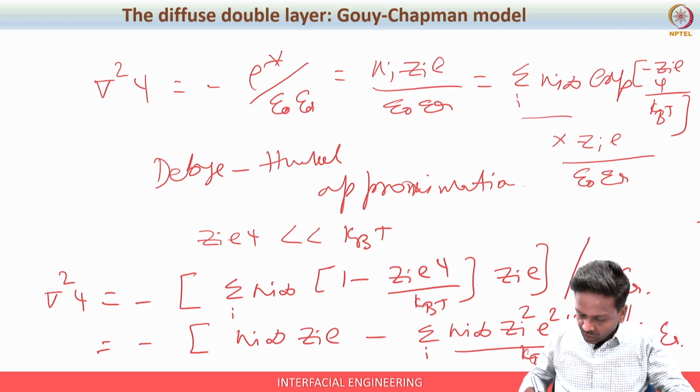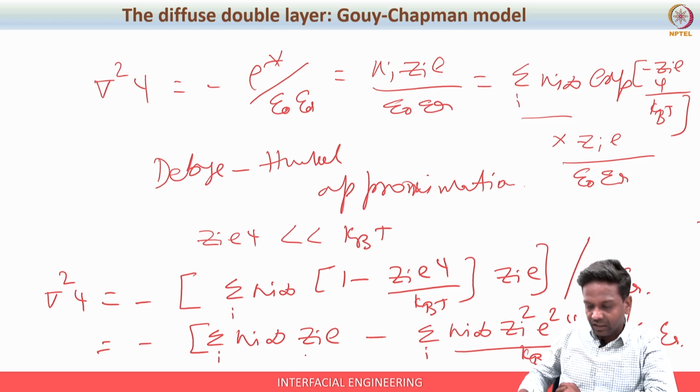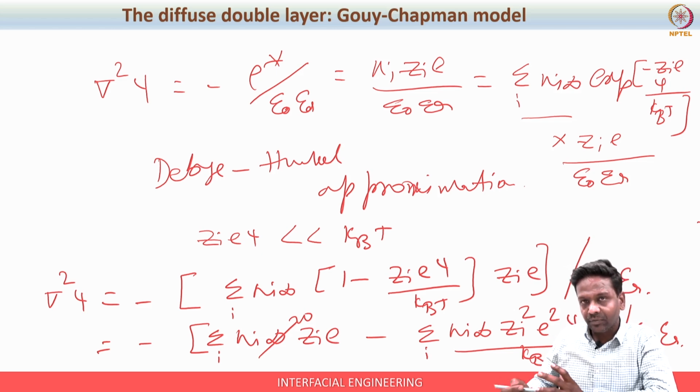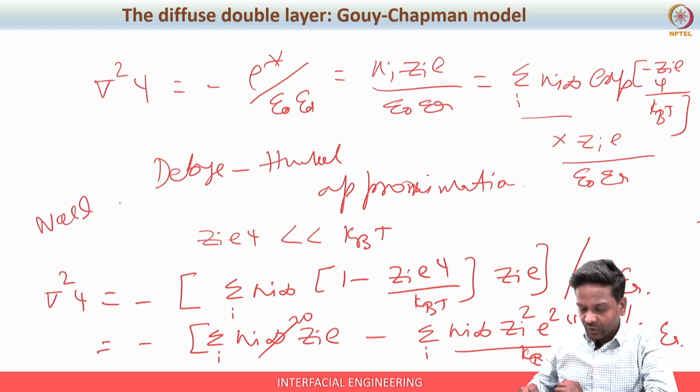So, remember when I expand this, Ni infinity Zi E will be 0, because when you expand, we are talking about symmetrical electrolyte. Our assumption is for symmetrical electrolyte like NaCl, you can say that there will be equal number of distribution.